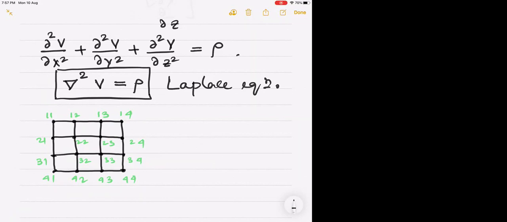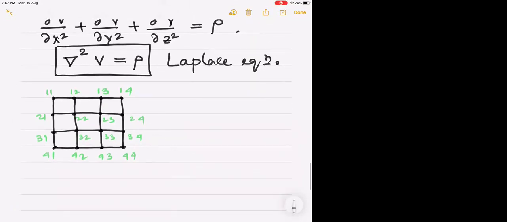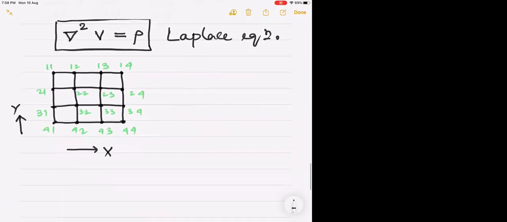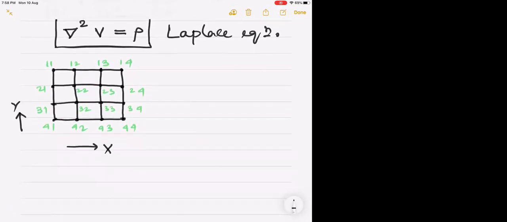How do I do this? Notice that if this is my x direction and this is my y direction, which is usually what we take, I may apply Laplace's equation at this point. At this point, if I want to find del square V del x square, what do I have to do?